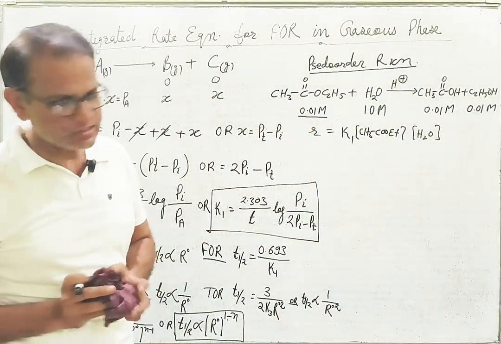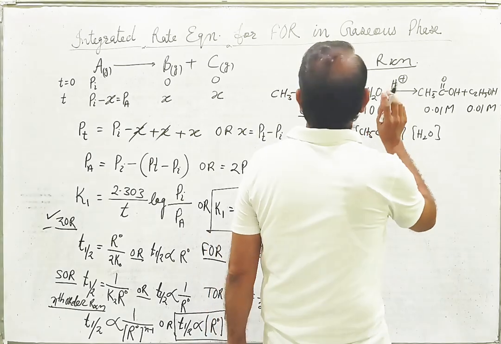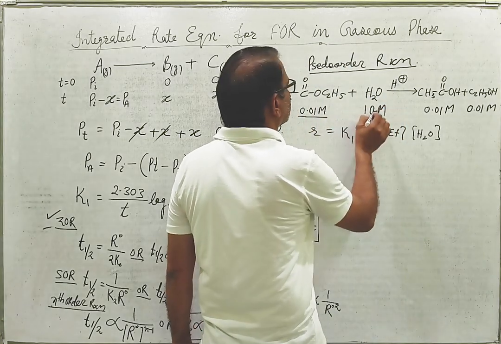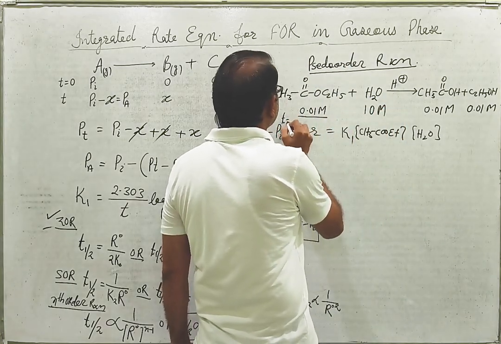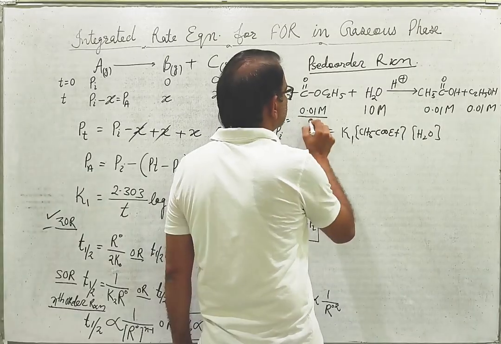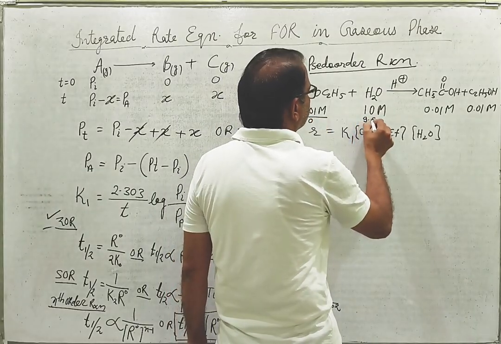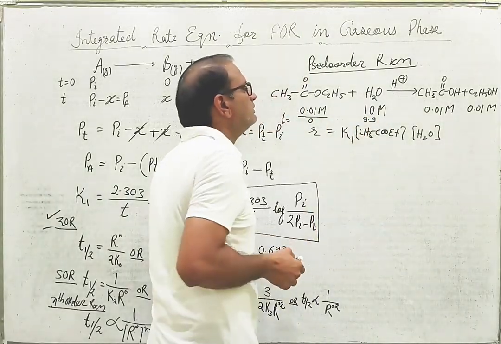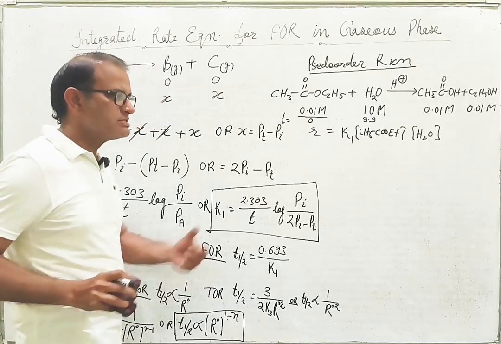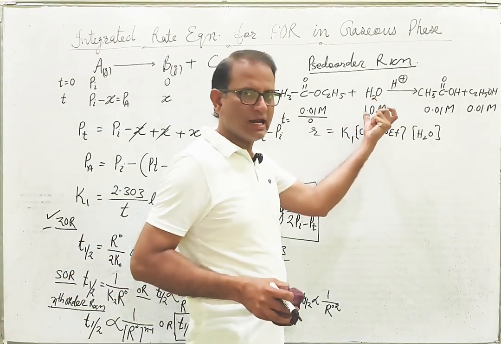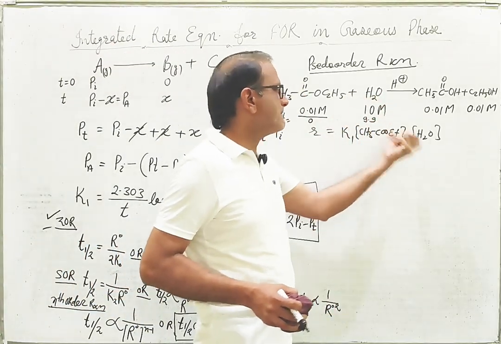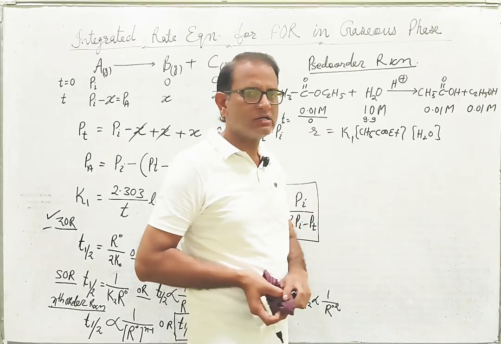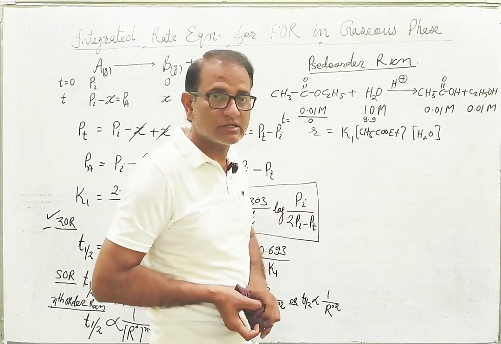Now see the concentration of water at time zero is 10 and at time t it will be 9.9. A little bit it will decrease, and that will not affect much the rate of reaction or the rate constant.